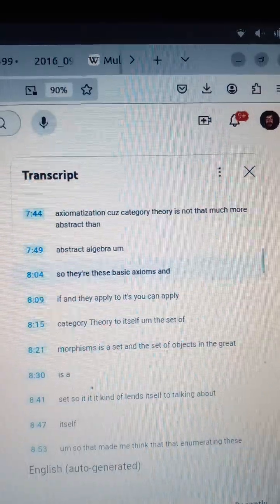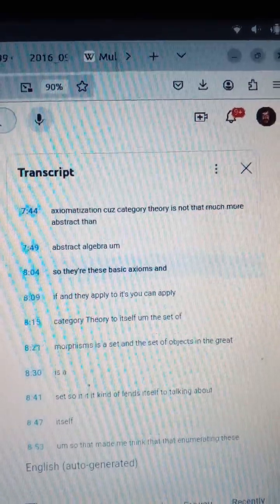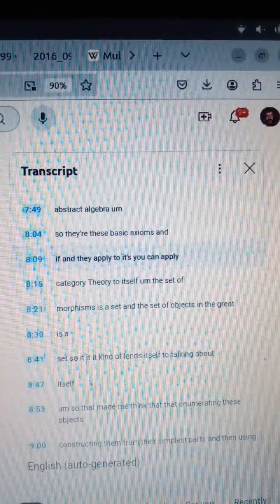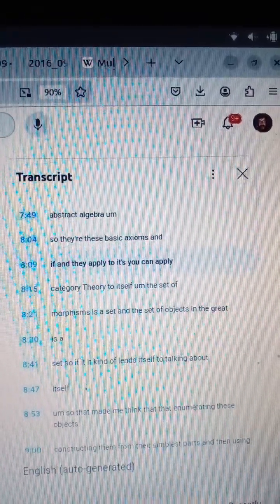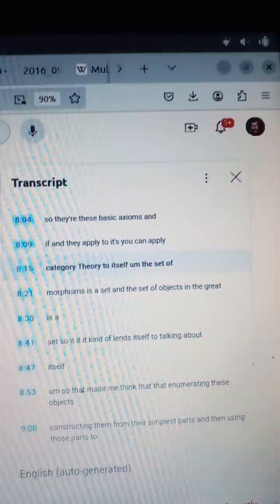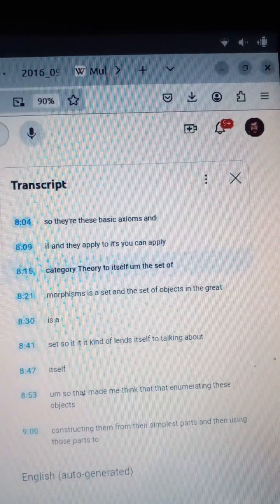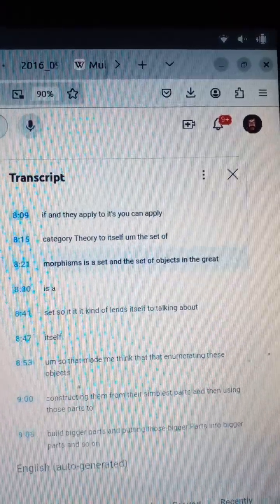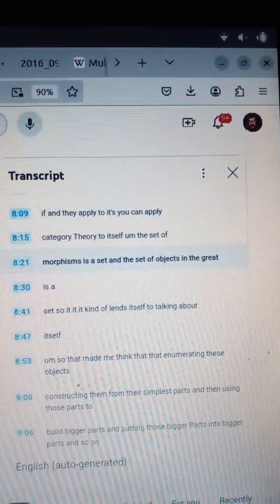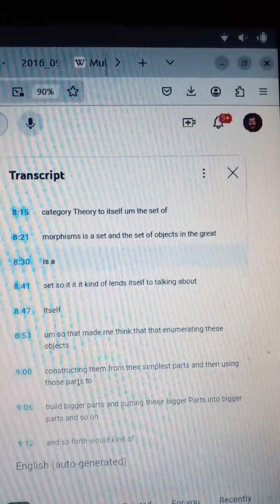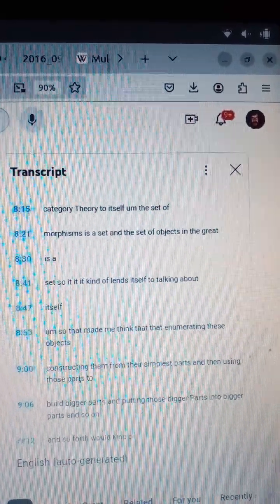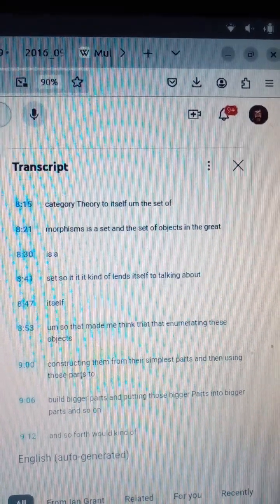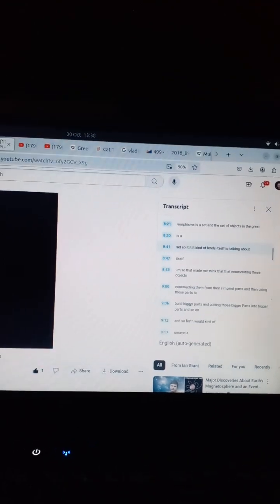So there are these basic axioms, and you can apply category theory to itself. The set of morphisms is a set, and the set of objects in a category is a set. I think I'm talking about the category of small categories. So it kind of lends itself to talking about itself.